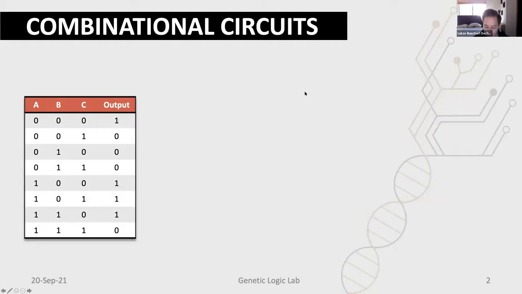In a team like the IWBDA iGEM team, for example, we want to build a reporter that does some GFP production for certain input combinations. So how I would tackle the problem is to think about when I want the reporter to be on, depending on the sensor inputs we have for the circuit.